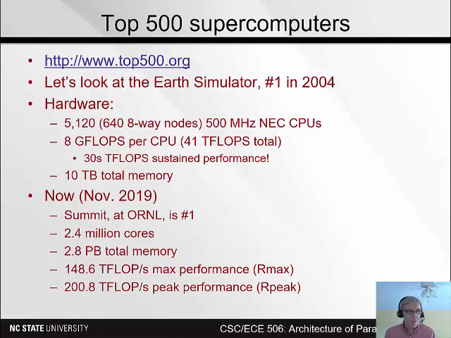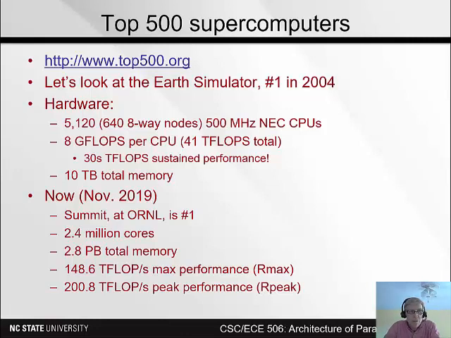It's almost 250 times as much. And then the max performance, 148.6 petaflops versus 30 teraflops, and that's the Rmax, which is a little bit different from the peak performance, because the Rmax describes the maximal achieved performance, whereas the peak performance is the theoretical peak performance. Theoretical peak performance was 200.8 petaflops.